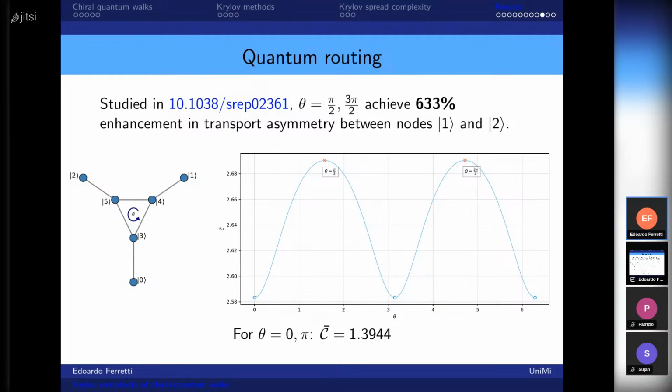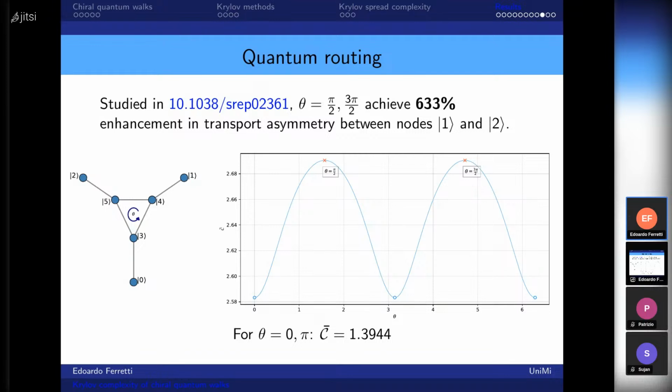But this is different if you introduce a phase in this loop in the center, which gives you directionality. So now the system is able to discriminate between left and right, and so for certain times it will be easier to go to 1, and for other times it will be easier to go to 2.